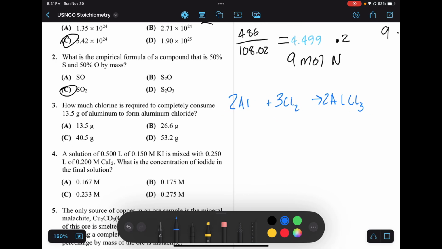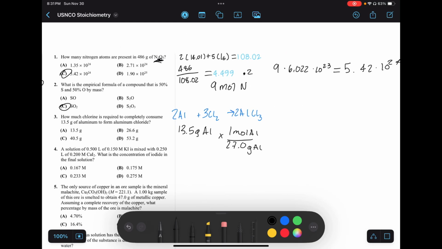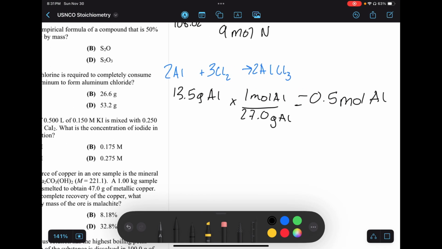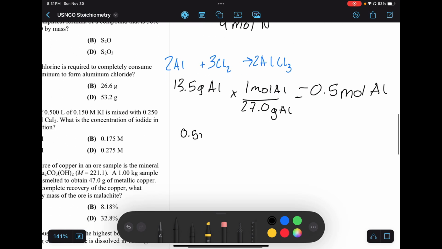So aluminum's molar mass is about 27. So what we can do is 13.5 grams of aluminum times 1 mole per 27.0 grams of aluminum, which means we have about 0.5 moles of aluminum. And then we can do stoichiometry, 0.5 moles of aluminum.